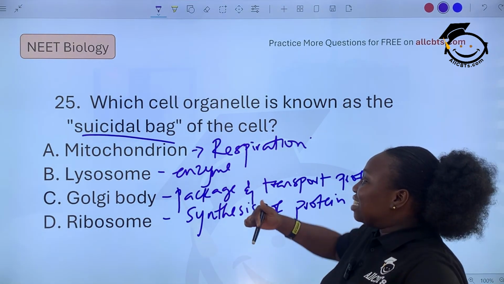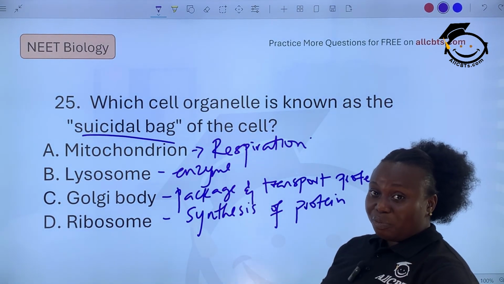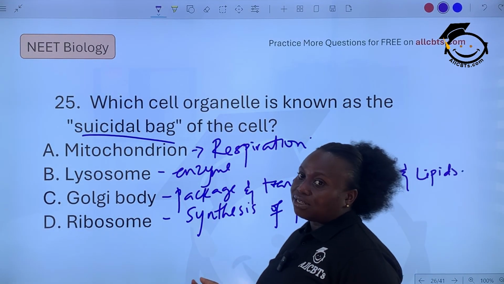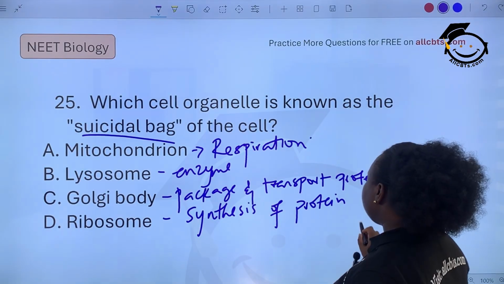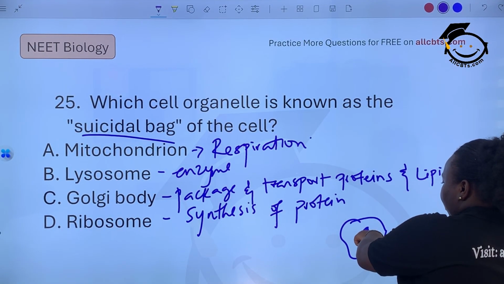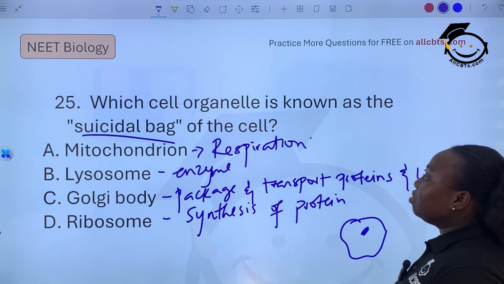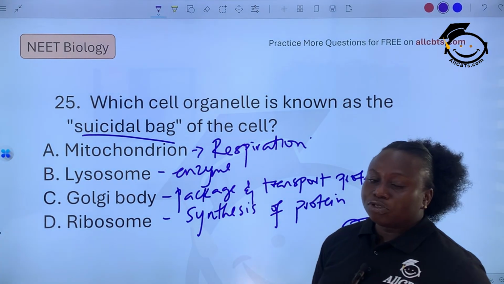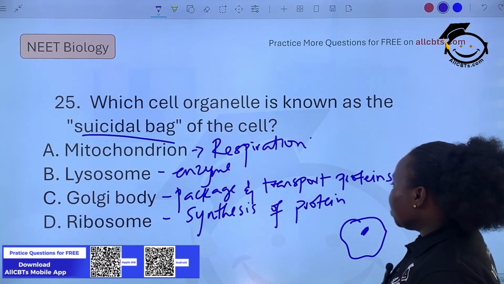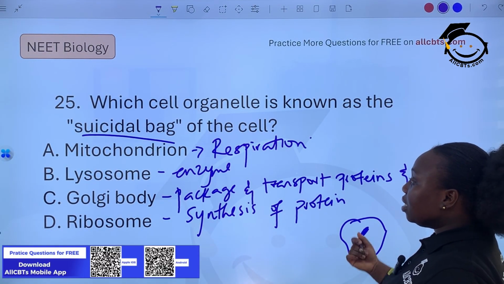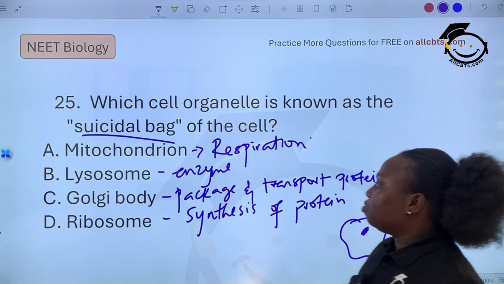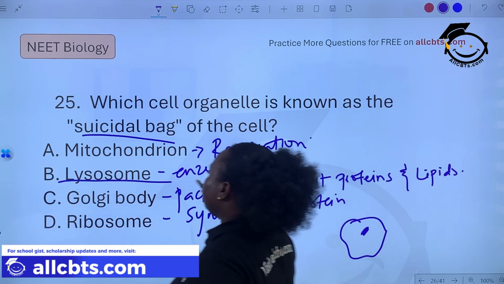That's why it's called suicide: the cell will know that it is dying, so the lysosome in that cell will break it down so that it does not turn into toxic waste in the blood. It is that lysosome that will kill its own cell. So that's option B, the lysosome.